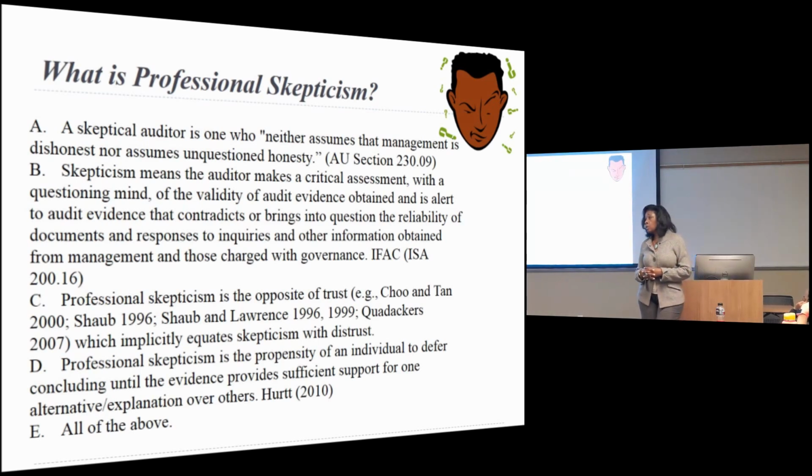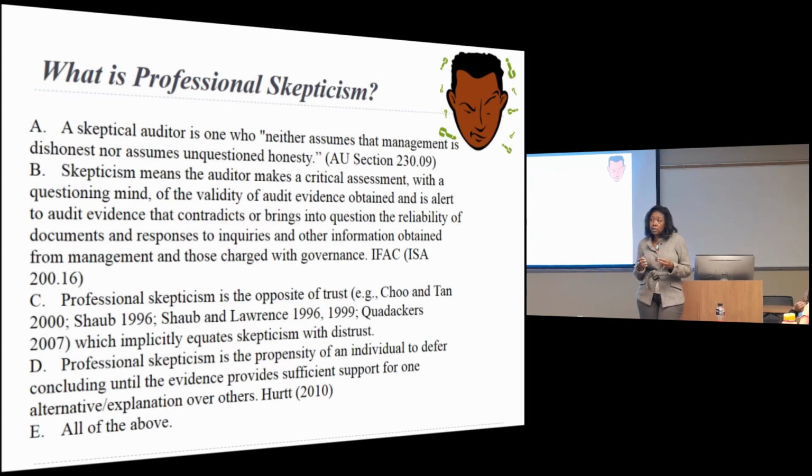I always use the example of a car dealer. When we approach a car dealer, we might have the mindset that we don't trust them because of stories and prior experiences. They're going to try to sell you this car at the highest price, and they're going to tell you all types of things. So you're skeptical going in.